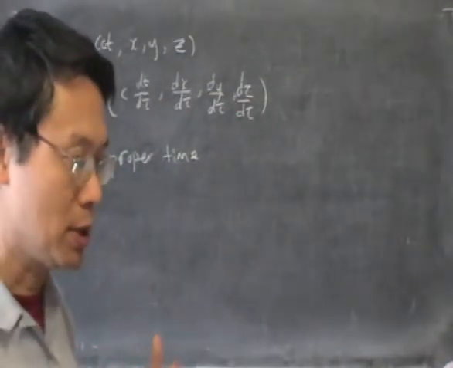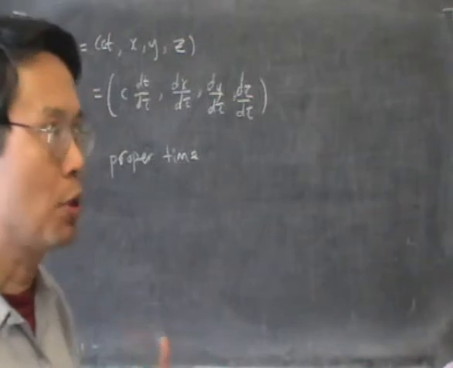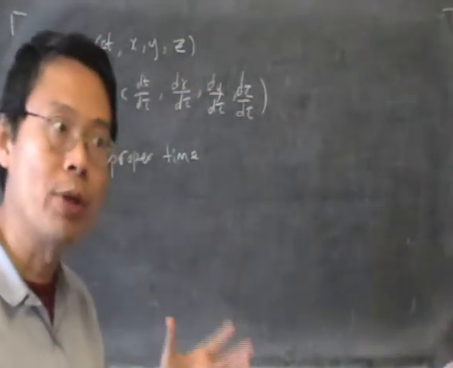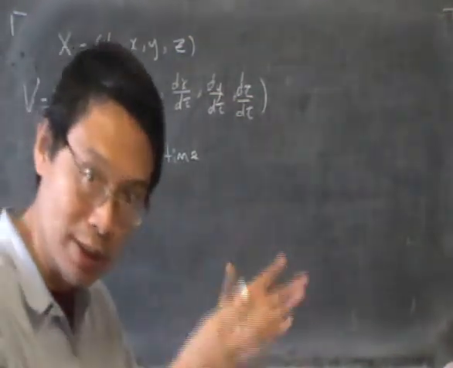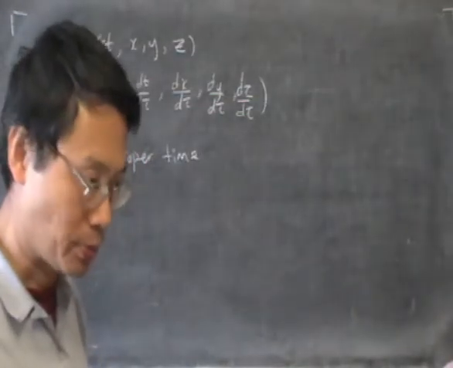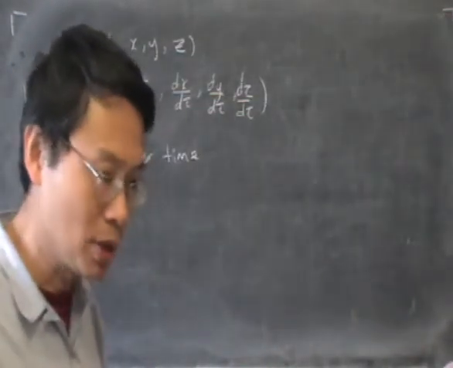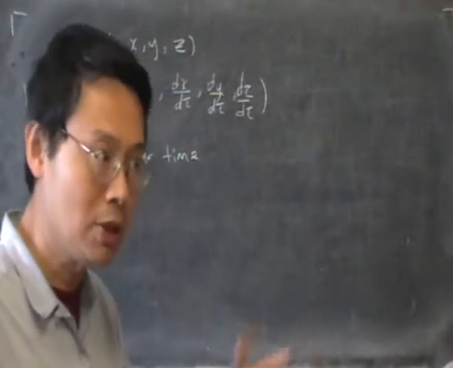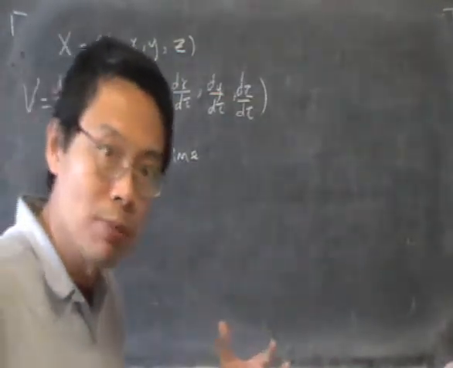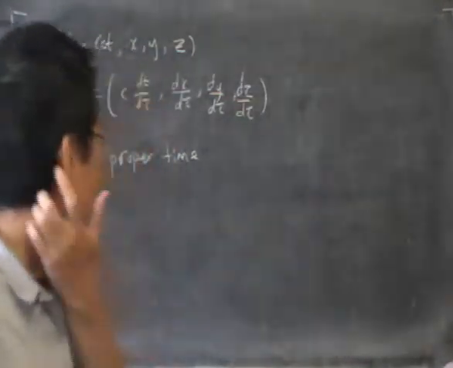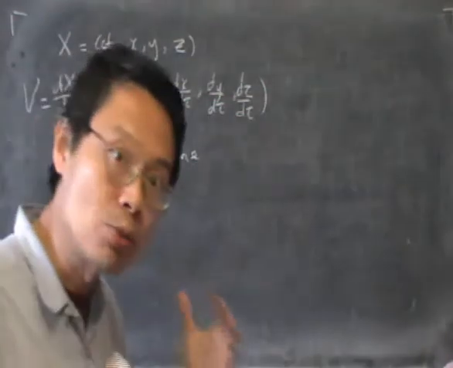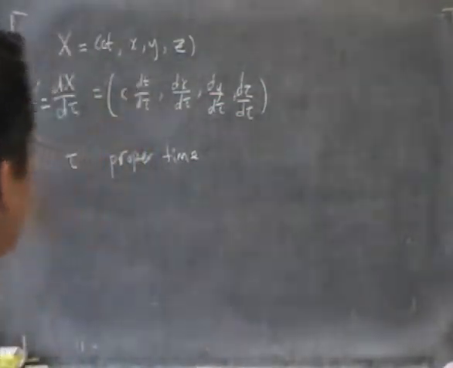So in other words, it's the time from the point of view of the moving body itself, either if the body is an actual person or if there's an observer moving with the body. So we call that the rest frame of the body.